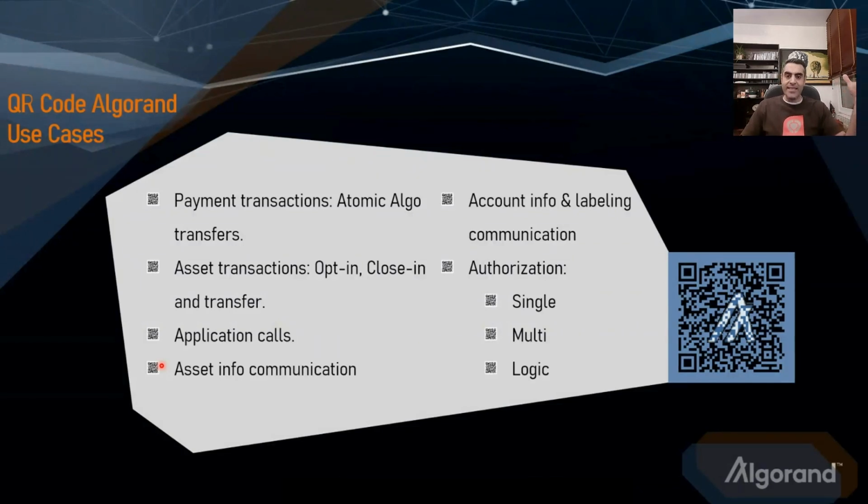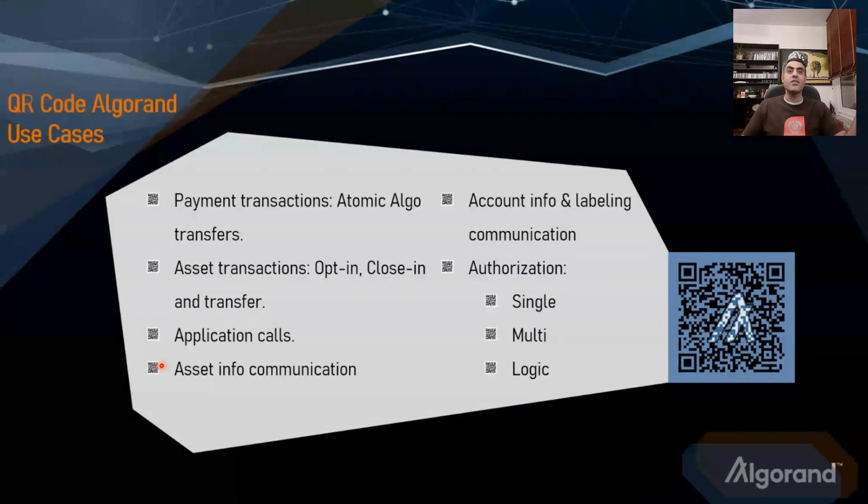About asset information communication, as I said before, you can put all of the information regarding an asset, whether a physical asset in need of information labeling or some Algorand standard asset, inside the QR code and then put it to use inside your day-to-day processes.